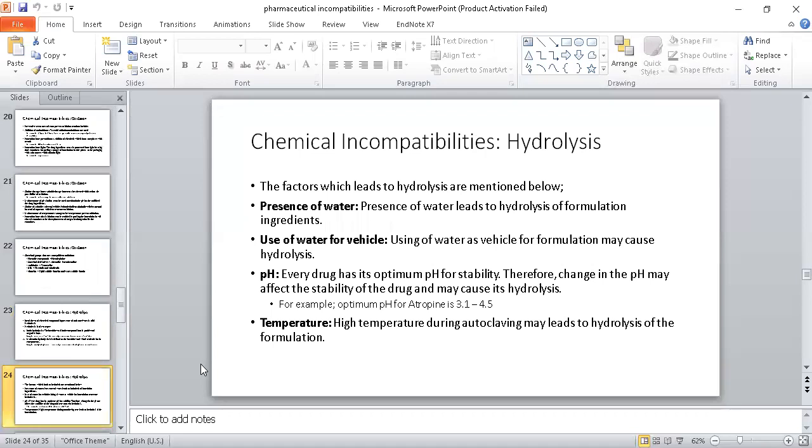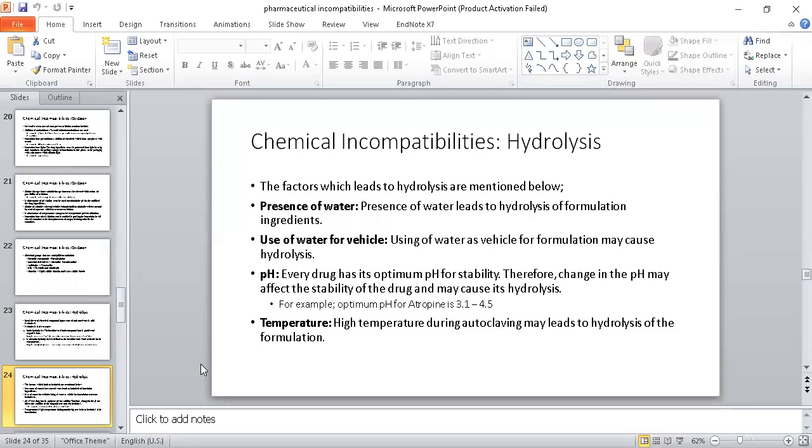The factors which lead to hydrolysis are mentioned below. Presence of water leads to hydrolysis of formulation ingredients. Then use of water as vehicle: using a water vehicle for formulation may cause hydrolysis. pH: every drug has its optimum pH for stability.